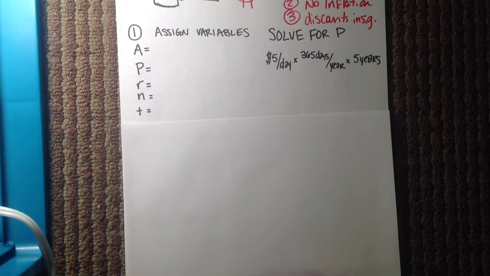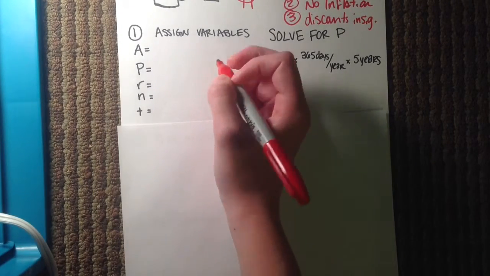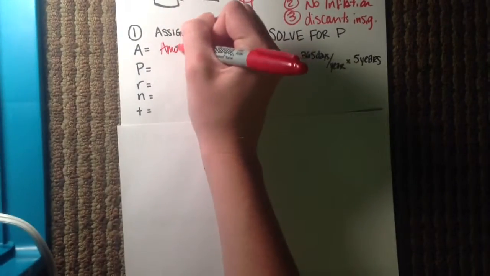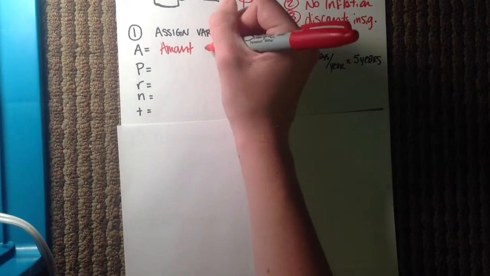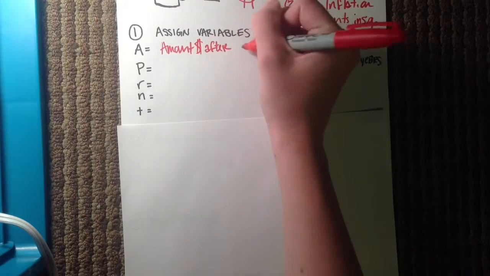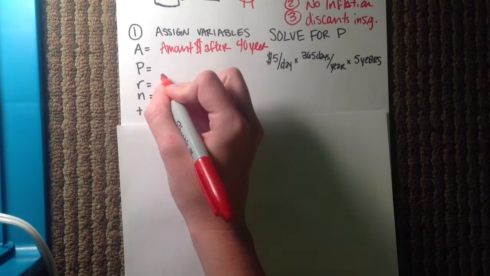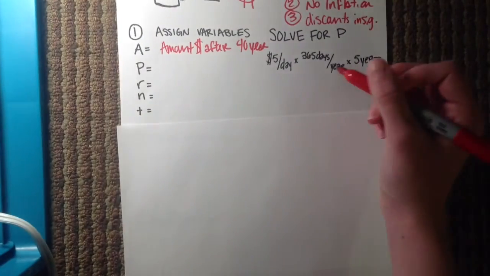The first math step is going to be to assign the variables. A is going to be the amount of money that could have been earned after 40 years. P is an interesting step. Like I said, it's the amount of money that you could have earned after 5 years of buying coffee.